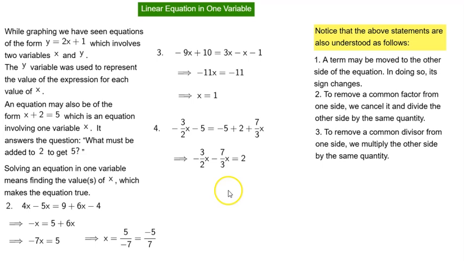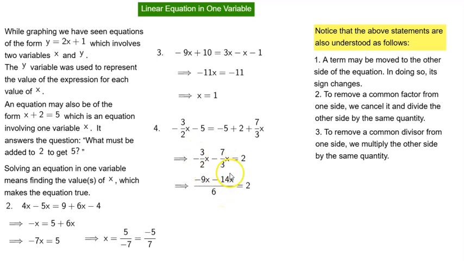Okay, so let's simplify. We have minus 3 by 2x, minus 5 cancels out, plus 7 by 3x, bring it to this side, it becomes minus 7 by 3x is equal to 2. Now, taking LCM and combining these two terms, we get 6 in the denominator.